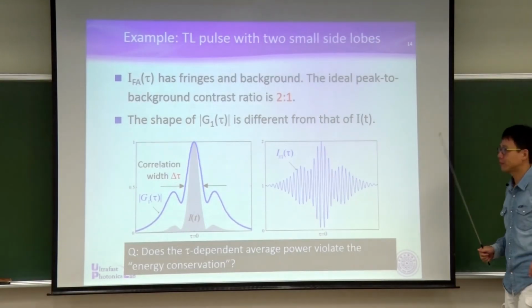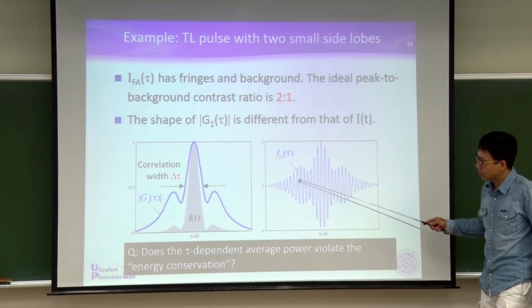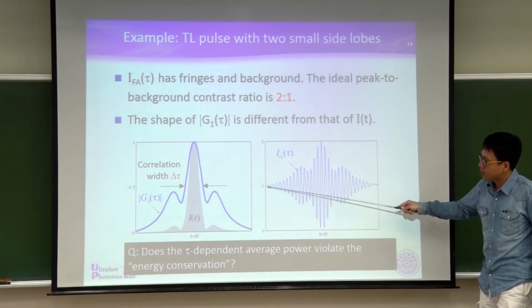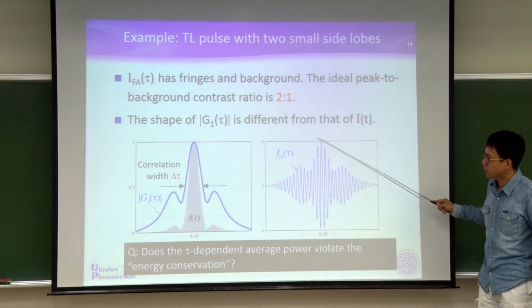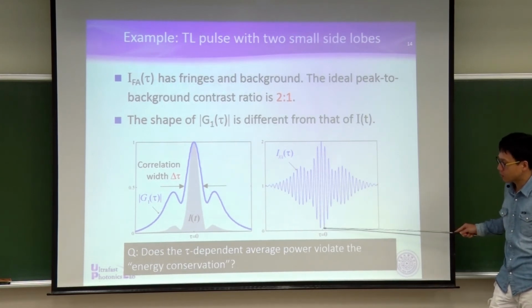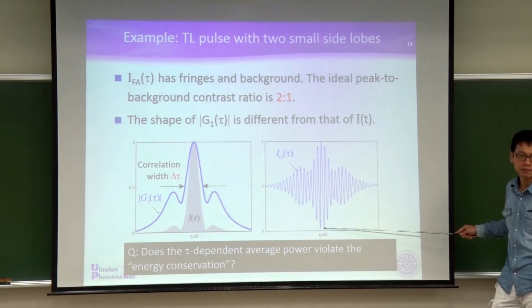But here I just define this as the so-called correlation width of the measurement. One question: in our measurement, the detector will give you different average power, sometimes very big, sometimes almost zero, right?